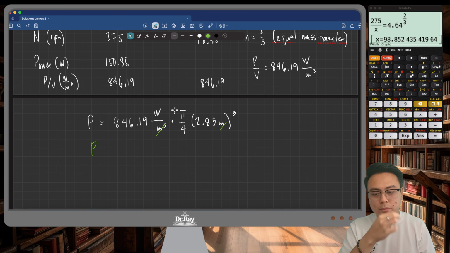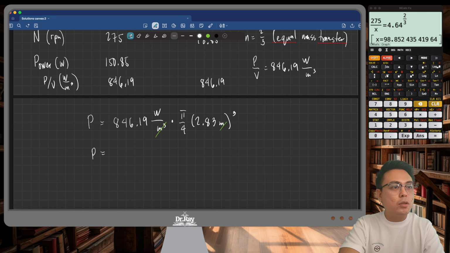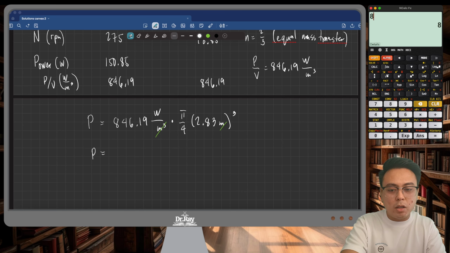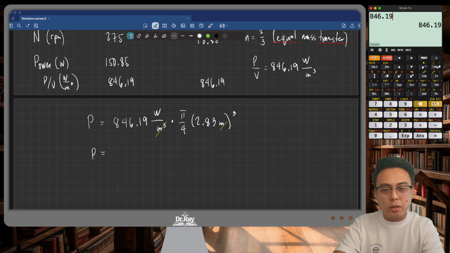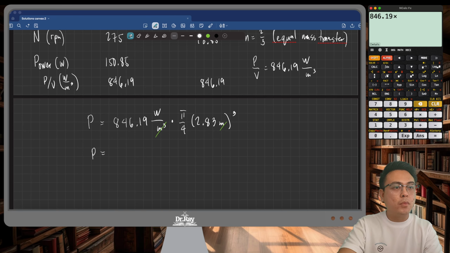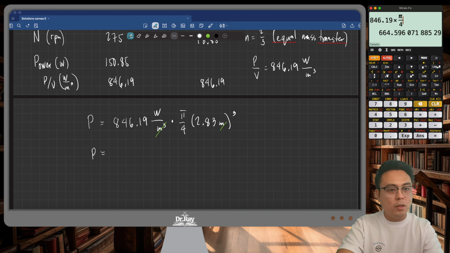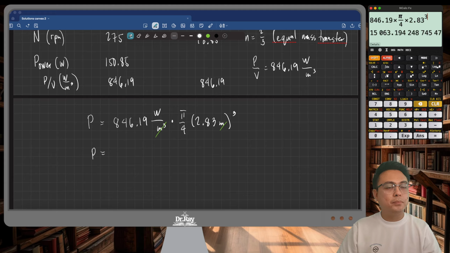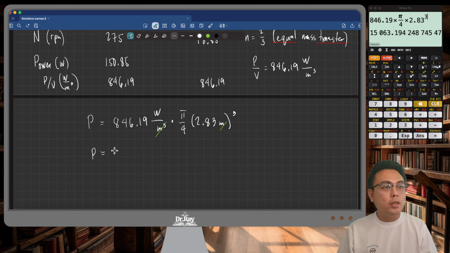Power is now calculated as 846.19 times pi over 4 times 2.83 cube. The new power is 15,063 watts.